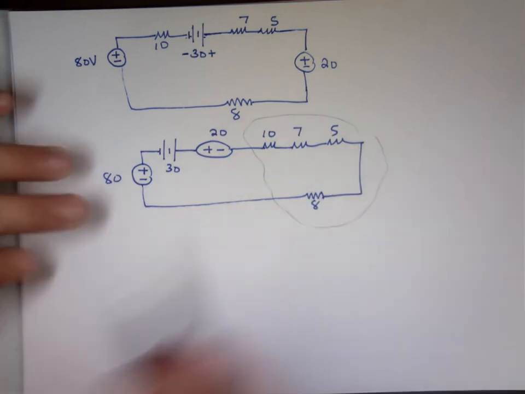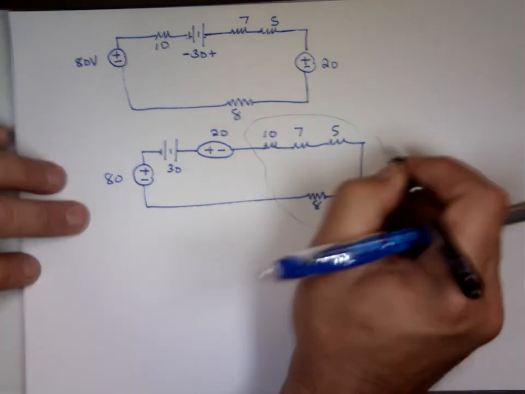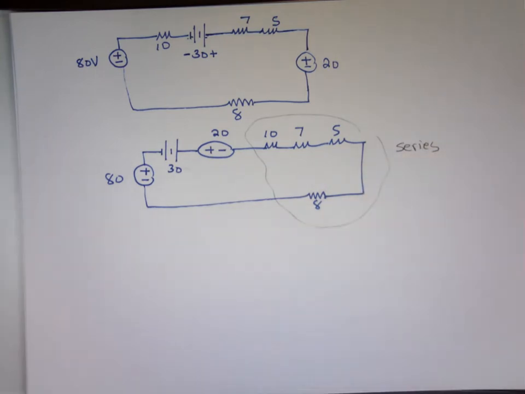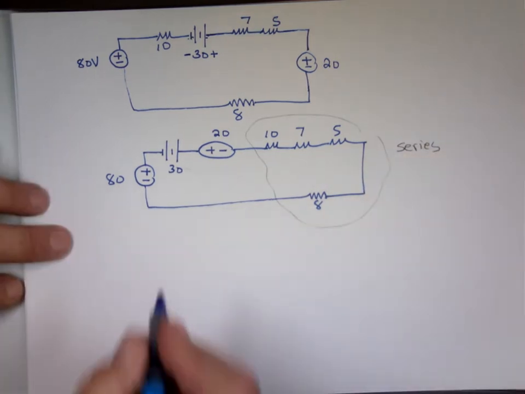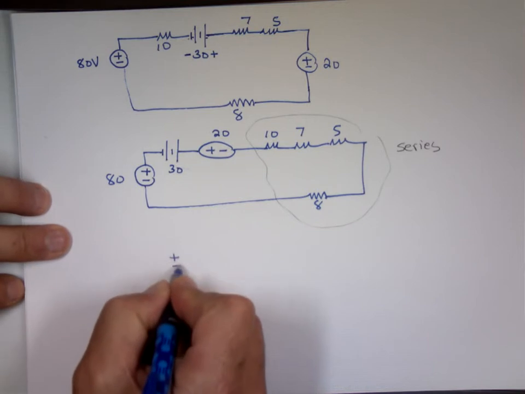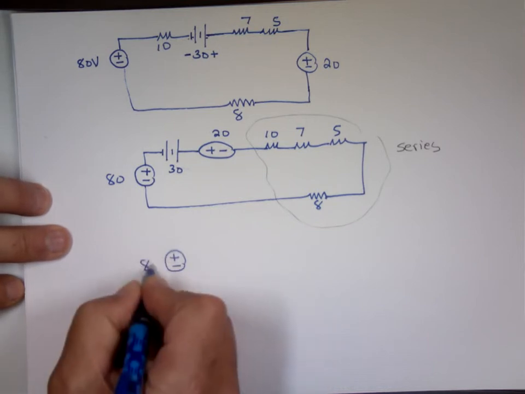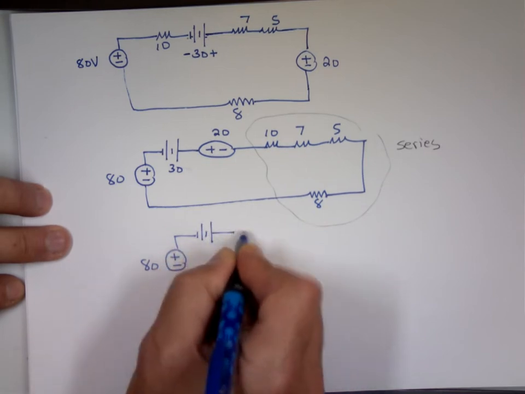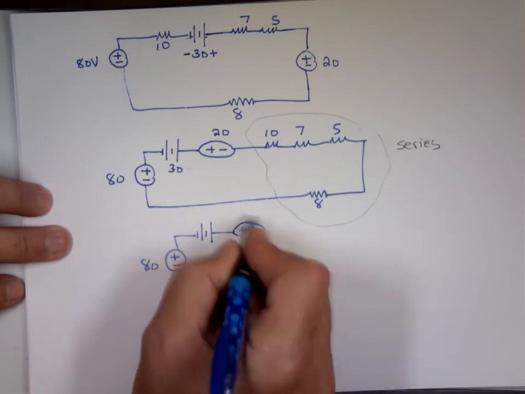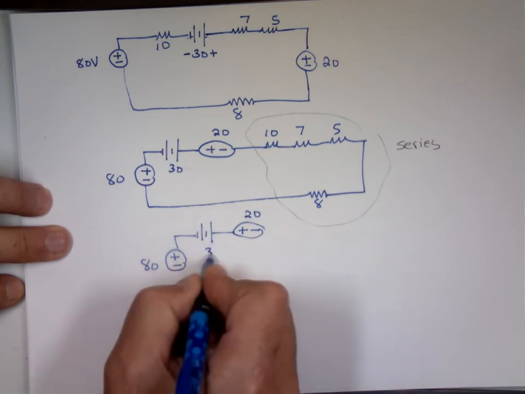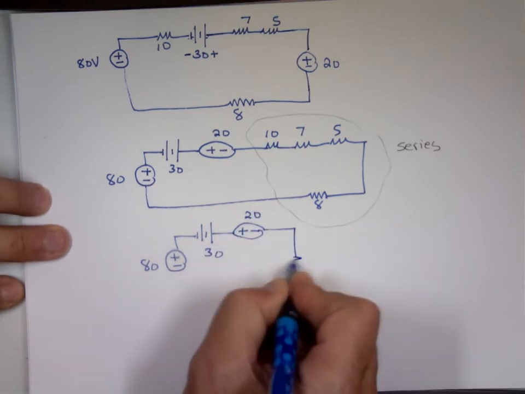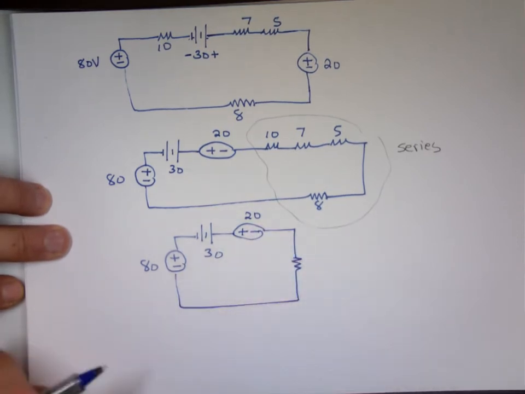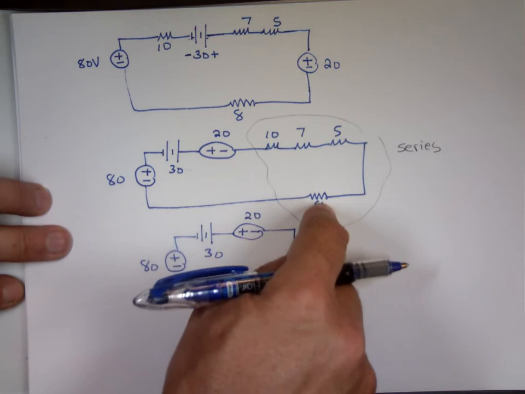How are they connected? In series? Yes. So to find the equivalent value, RT, what do we do? We add them. Doesn't matter if you're on the top, here, or here. It will not change your answer. 7 and 8, 15, 20, 30.